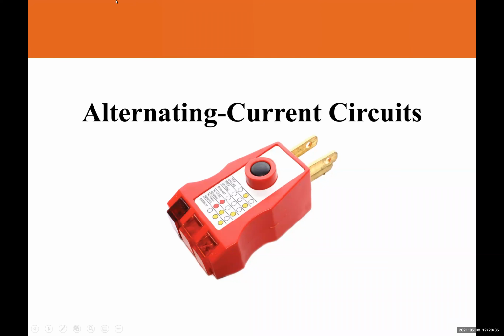All right, guys. So in this chapter, we will be learning about alternating current circuits or AC circuits. We already learned a lot of different configurations for circuits, where we learned about resistors, capacitors, inductors, and how we can have a circuit with just a resistor, just a capacitor, just an inductor, or any type of combination.